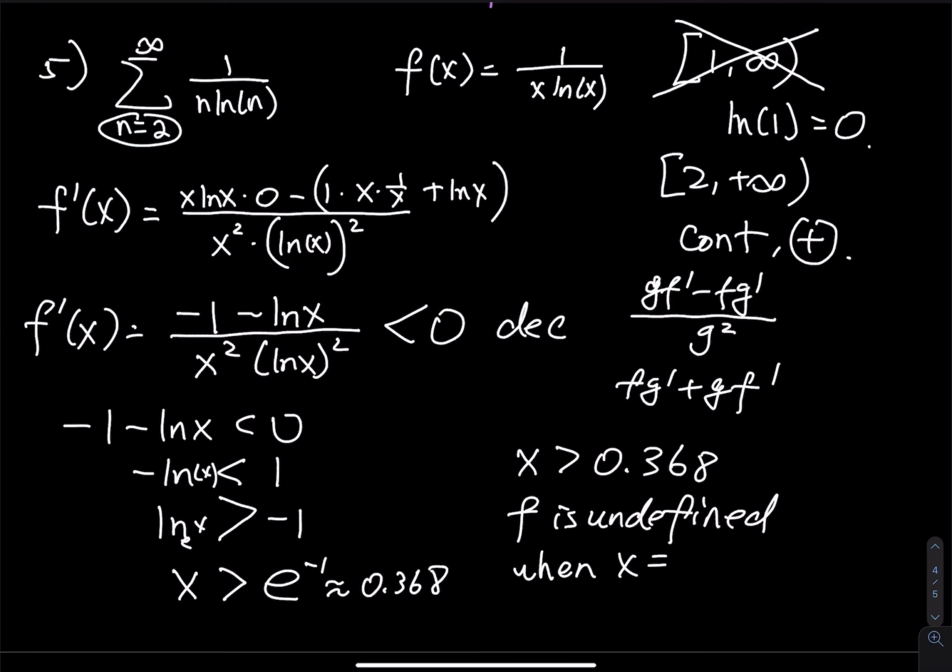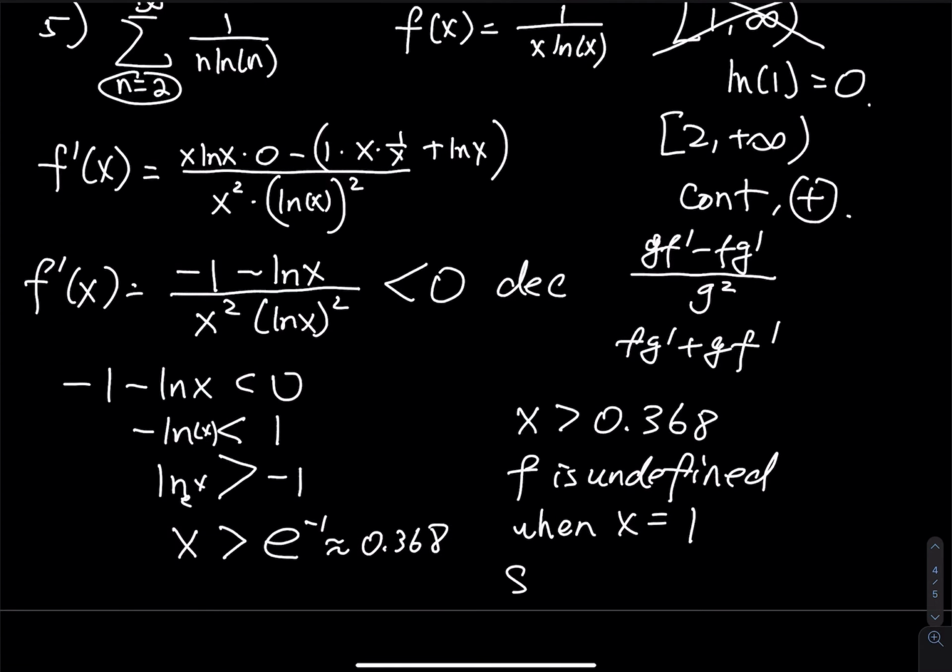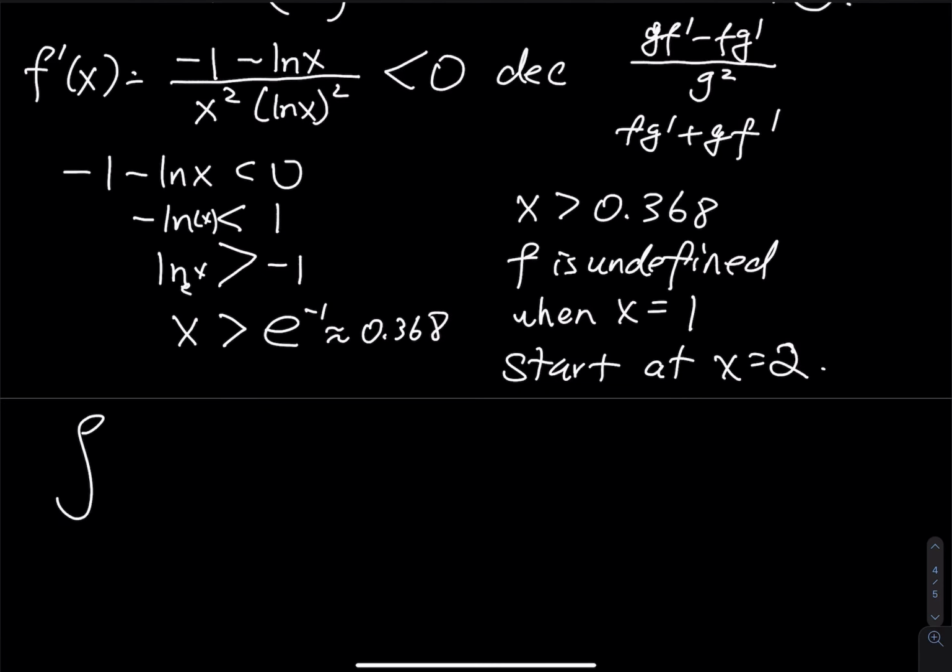So that's why the integral has to start at x equals 2. So therefore, the improper integral goes from 2 to infinity. We have 1 divided by x times ln x dx.